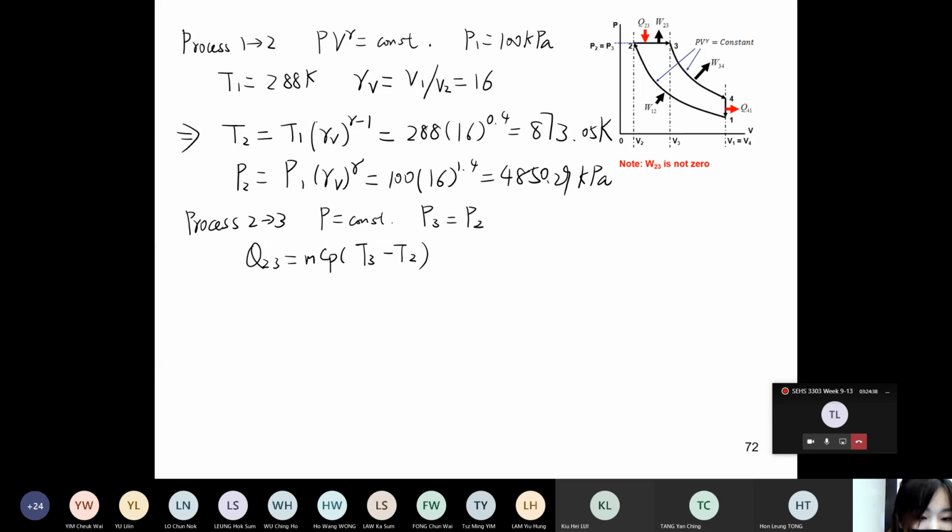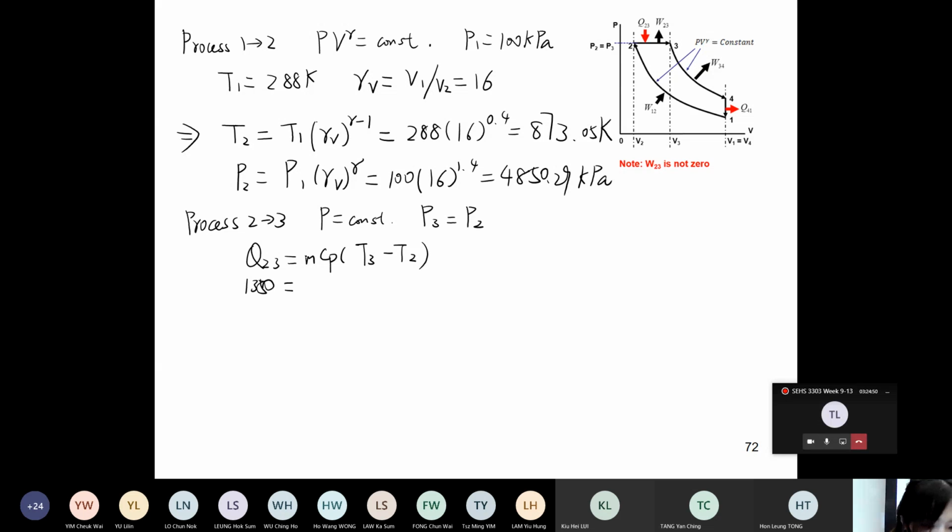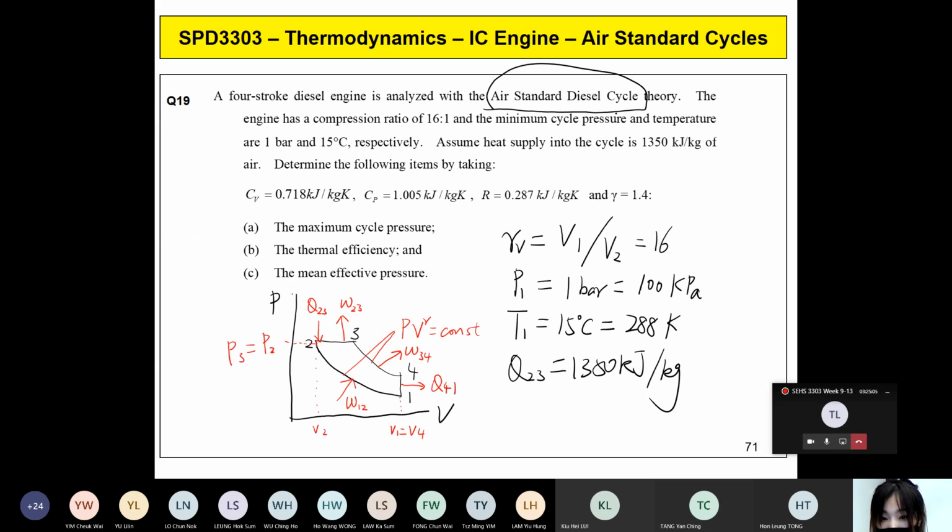What we have is, we know the heat supply, right? Here we have the heat supply number. Here I should remind you, the heat supply is in kilojoule per kilogram.